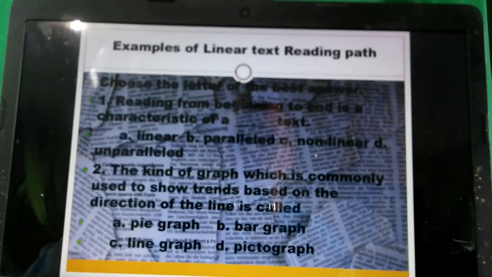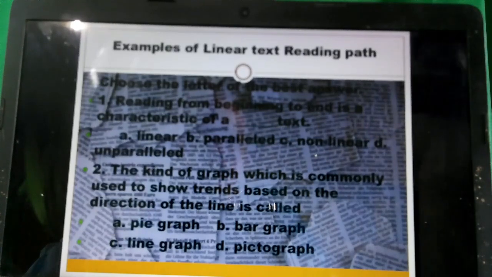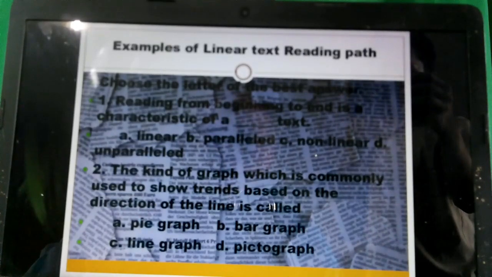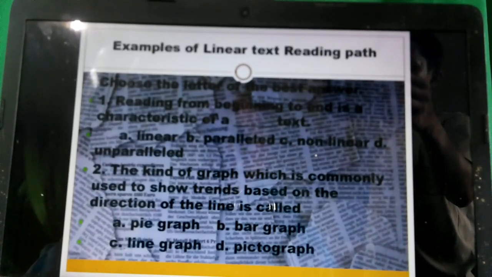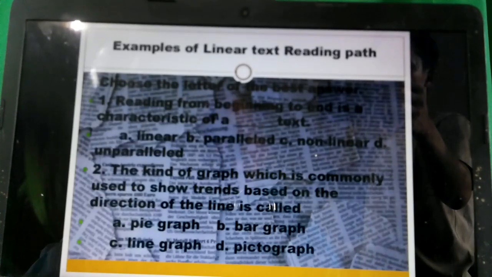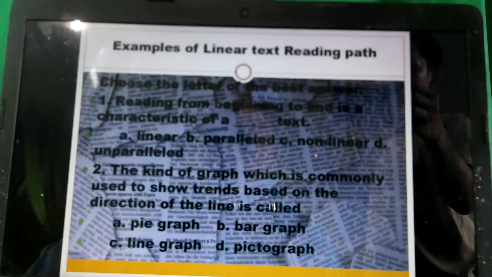Very good. Number 2, the kind of graph which is commonly used to show trends based on the direction of the line is called A, pie graph, B, bar graph, C, line graph, D, pictograph. Okay, very good. Correct.